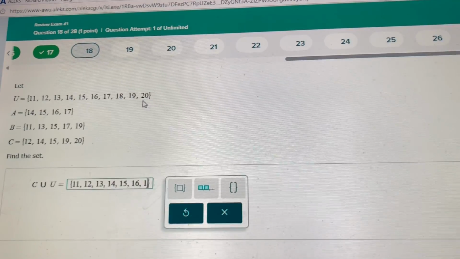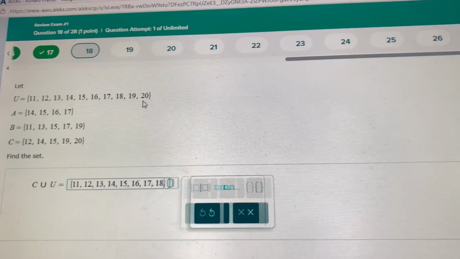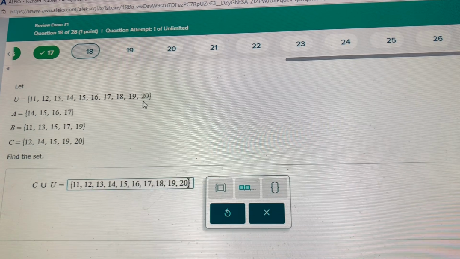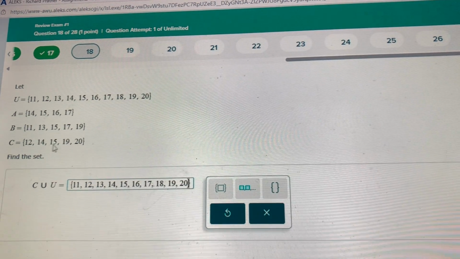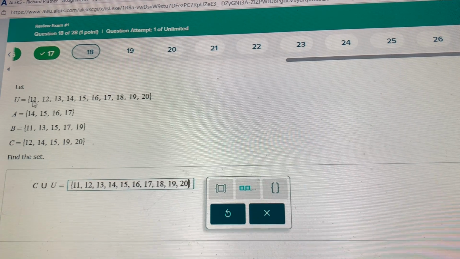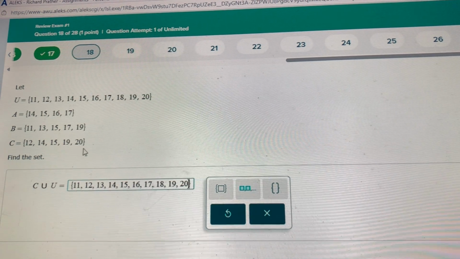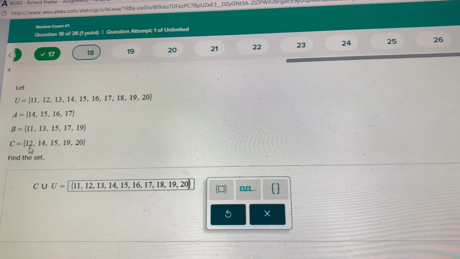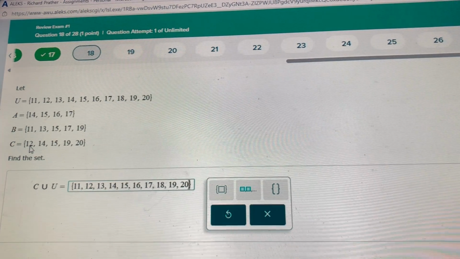So if I write every number from the universal set, all of those have to be in a union answer no matter what. Then you go to the smaller one, C, which only has 5 elements. The universal has 10, the C only has 5. So I wrote every one in the bigger one first. And then you go back to the smaller one and try to grab stuff you don't have already.